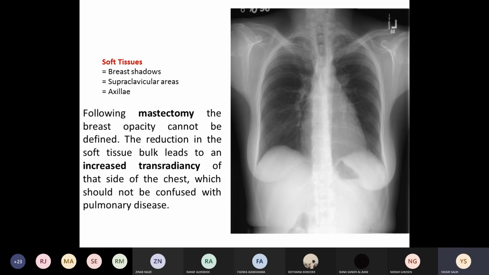This is for you. If a patient has undergone mastectomy on the right side, how does this mastectomy affect the translucency of the lung?